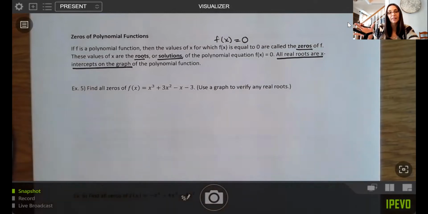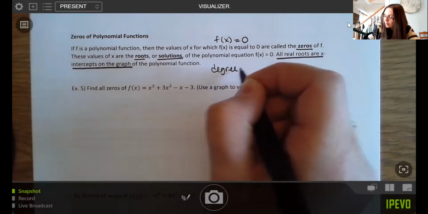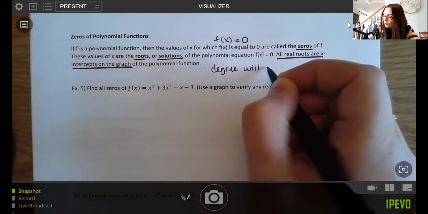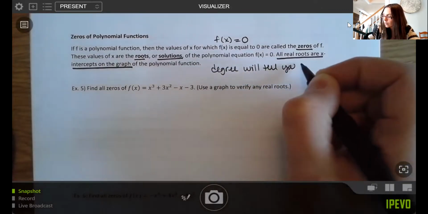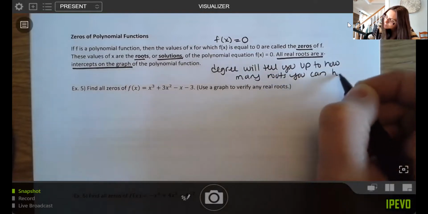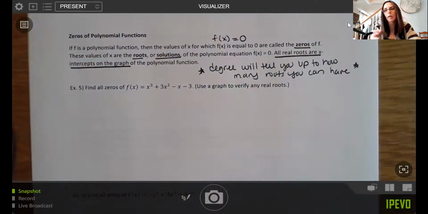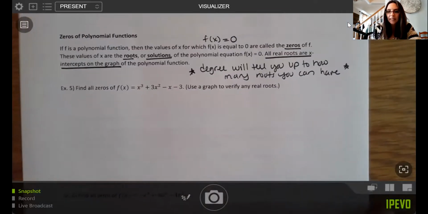A little interesting thing here is that the degree will tell you up to how many roots you can have. This is a little tip. I'm not sure if your book focuses on that at all, but it's really a nice tip.